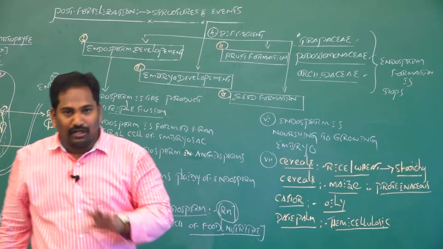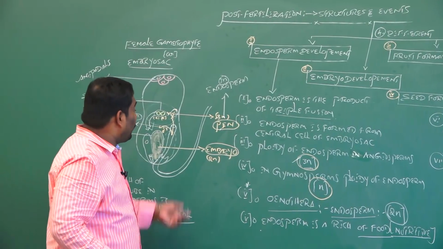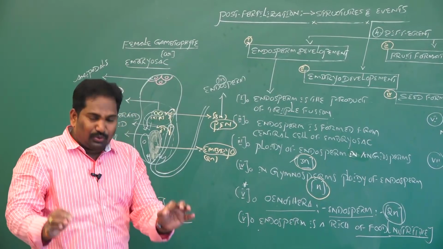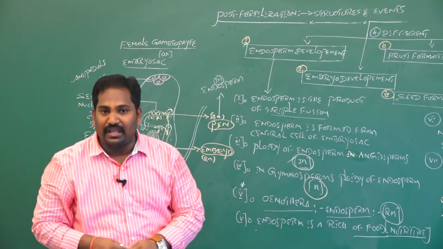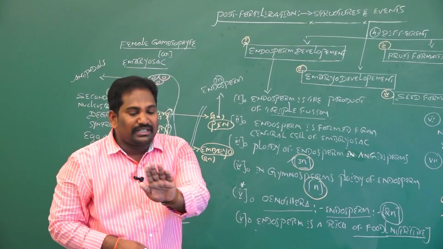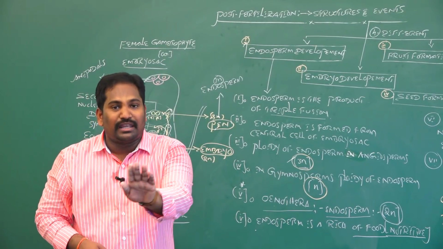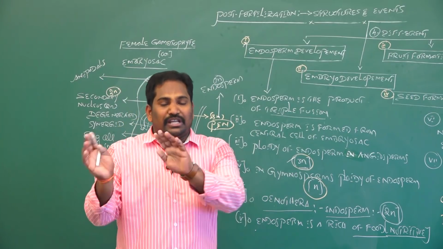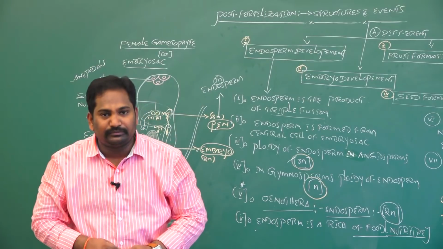In this class, now we discuss the methods of development of endosperm. There are 2 different methods of endosperm formation in flowering plants. The first method is free nuclear endosperm formation. The second one is cellular endosperm formation. Free nuclear endosperm formation is the first type of endosperm development.